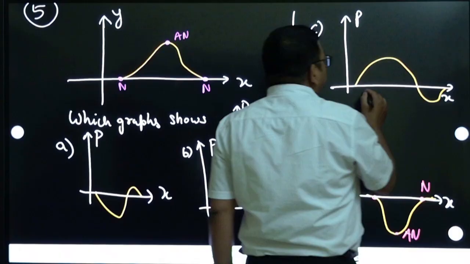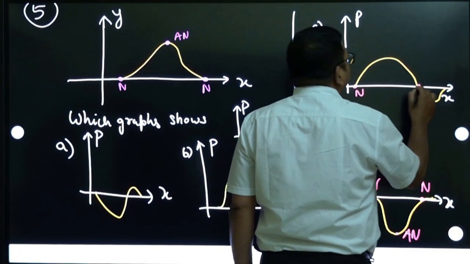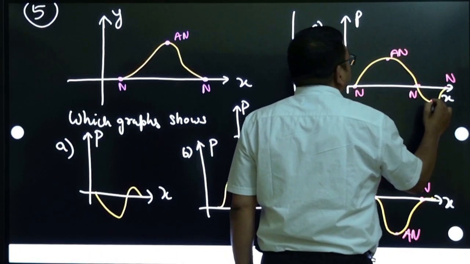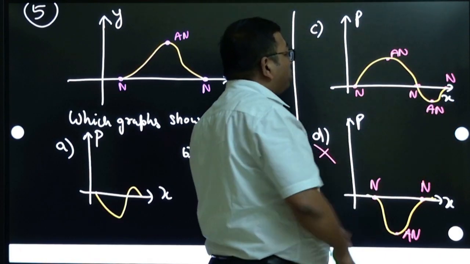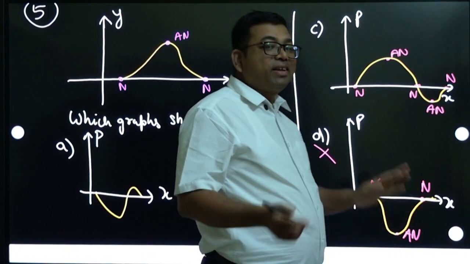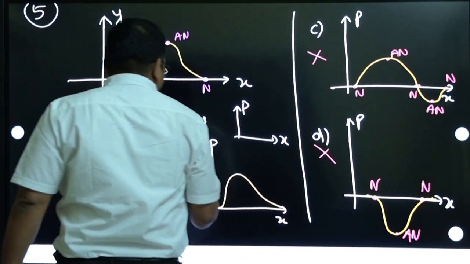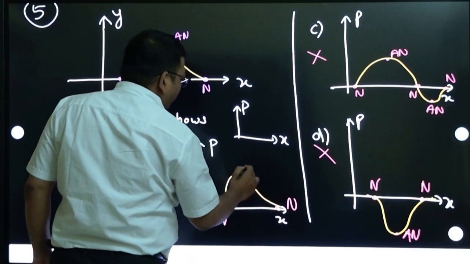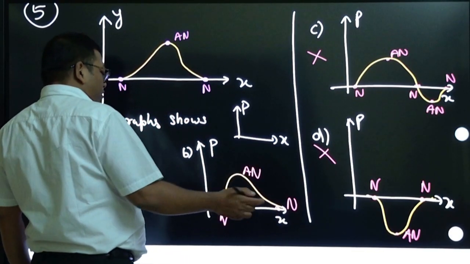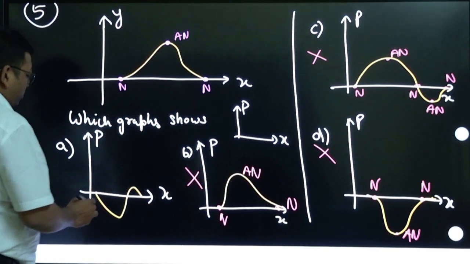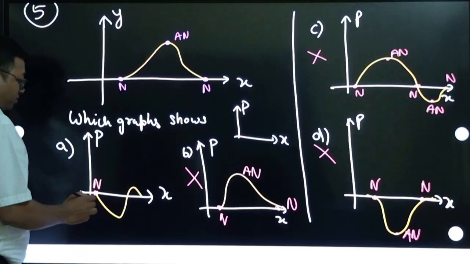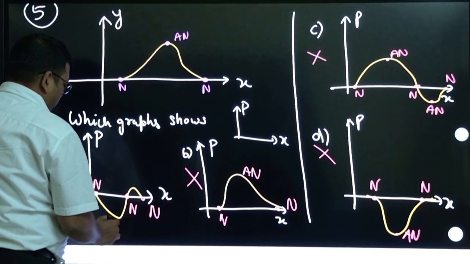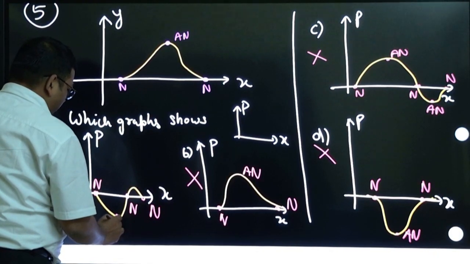You just try to make it now. Suppose I make here, this is a node, this is a node, this is a node, and this is an antinode, this is an antinode. Here there are two antinodes, but there are three nodes. We cannot take that, right? Okay, this one you take. This is a node, this is a node, this is an antinode. There are two nodes. We cannot take that. What about this? Node, node, node, and we have an antinode.